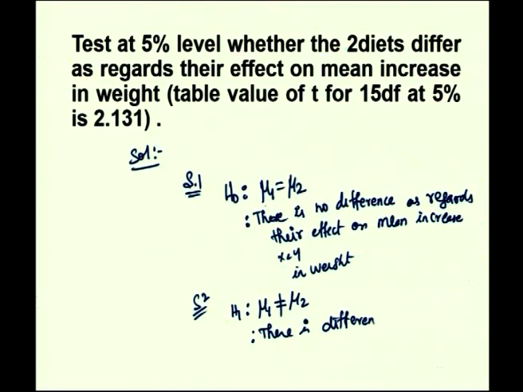So, there is no kind of comparison between diet X increases or diet Y increases. Therefore, mu 1 not equal to mu 2 is the appropriate alternative hypothesis, and moreover it is a two-tailed test. There is difference in effect on mean increase in weight.